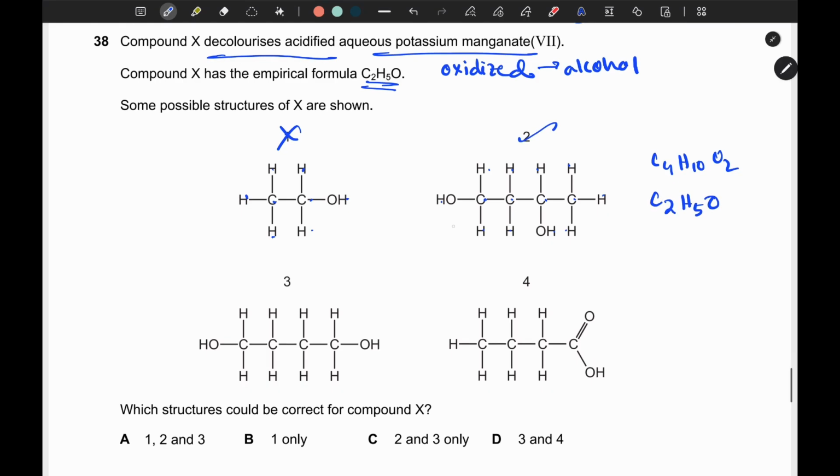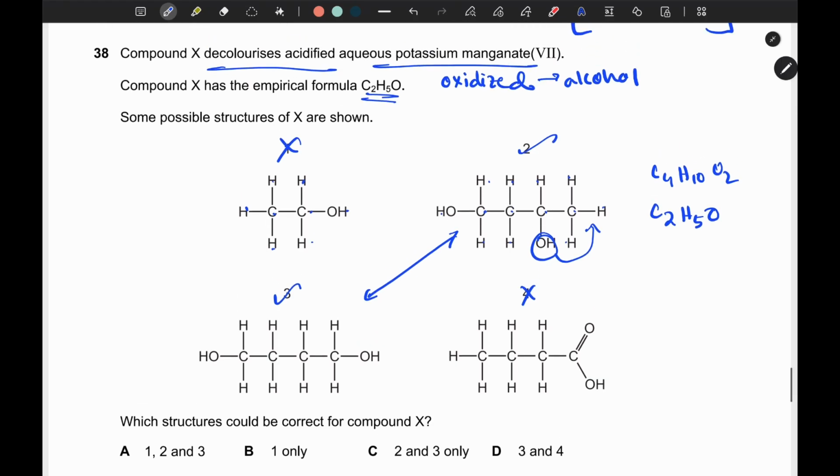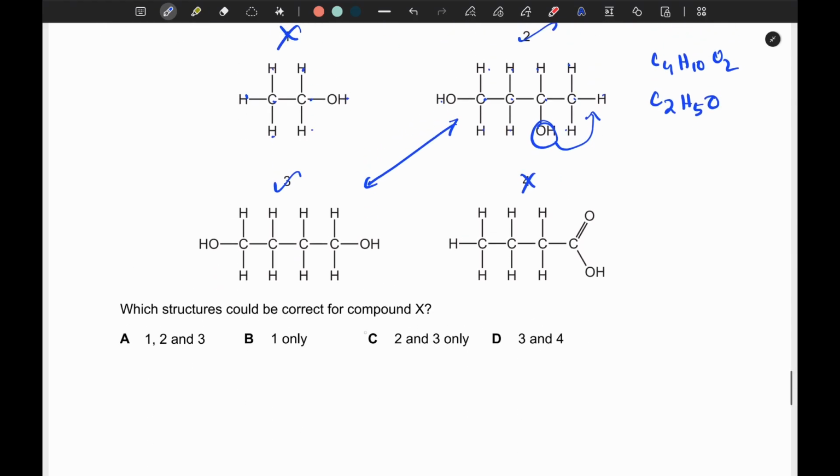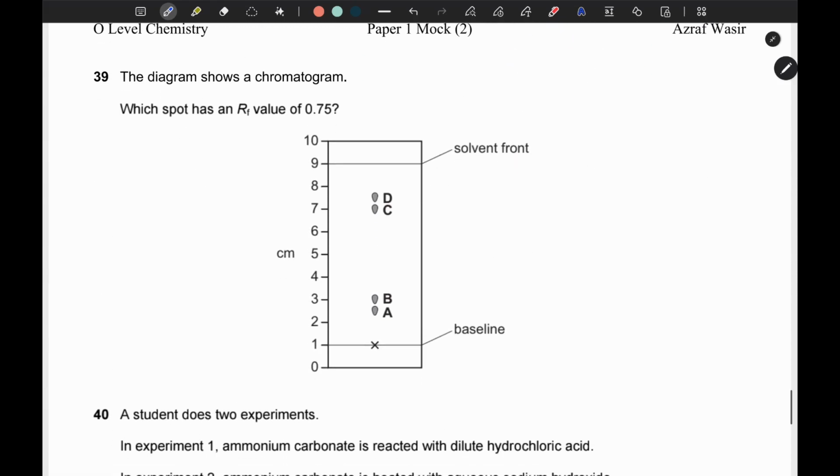Now, if you look at 2 and 3, you will notice that they are just structural isomers of each other, because the OH group is once present in the terminal position and then once inside, on the second carbon. So if 2 is C2H5O, then 3 must also be C2H5O, and their reactivities are also the same. And for number 4, it's a carboxylic acid which doesn't get oxidized, so it won't react with potassium manganate. So in that case, our answer for number 38 is C, 2 and 3 only.